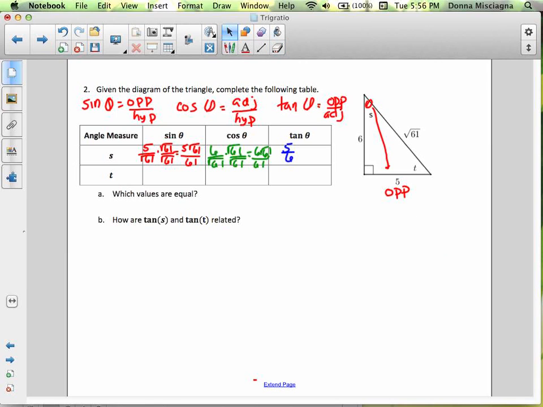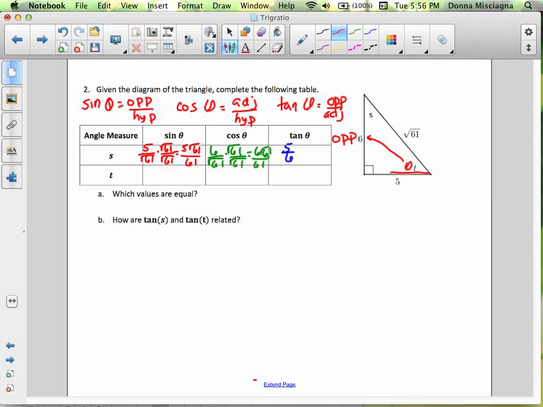All right, so if angle T is now our reference angle, our angle of interest, the opposite now is across from the triangle. It's the other side. It's 6. And the adjacent side makes up part of angle T. That's 5. And of course, opposite the right angle is the hypotenuse.